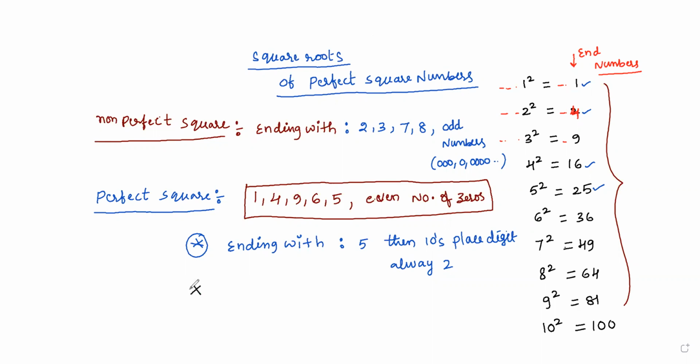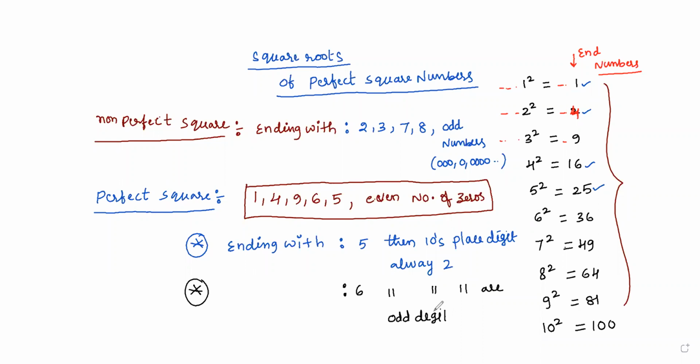And the next rule will be, suppose a number is ending with 6. Then the tens place digit must be odd.